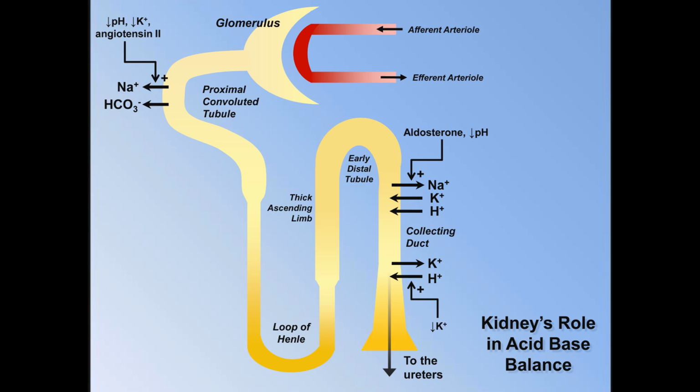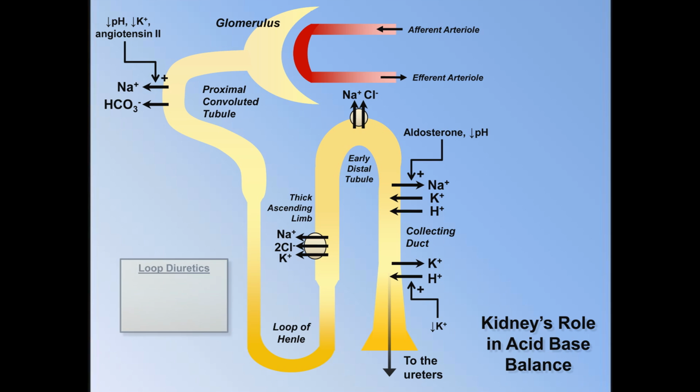The first of these transporters is in the thick ascending limb, where it leads to the simultaneous reabsorption of one sodium ion, one potassium ion, and two chloride ions. The second transporter is in the early distal tubule, where it leads to simultaneous reabsorption of one sodium and one chloride ion.